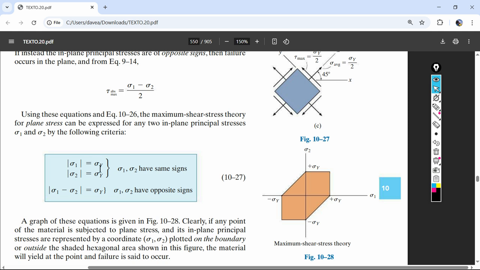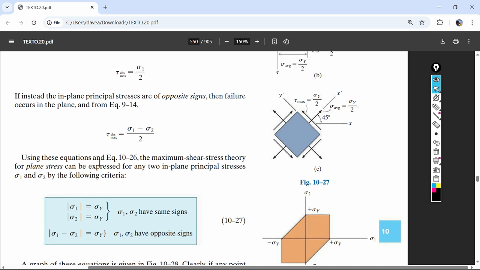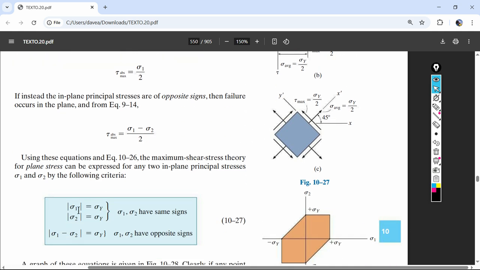The yield stress will happen. I don't like this equation because I think it's either or, you know what I mean? So if they have the same sign, it's either this equation or this equation.